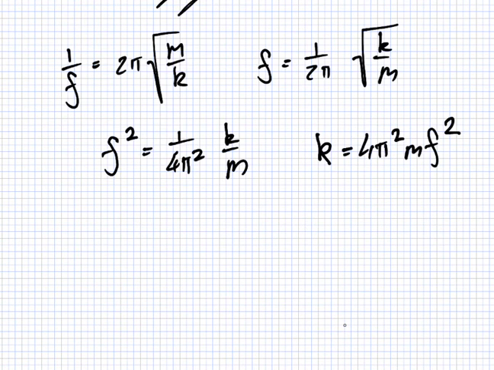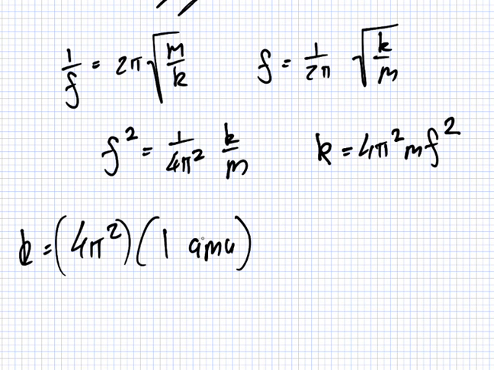So here the K would equal 4 pi squared times 1 atomic mass unit, which is 1 U on the calculator, and then the frequency is 7.32 times 10 to the 13 squared. What number is my U? 17.